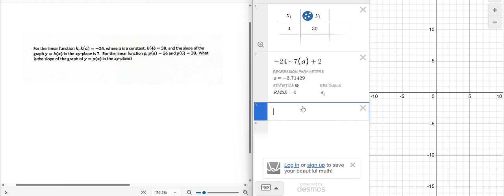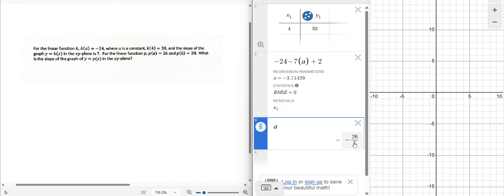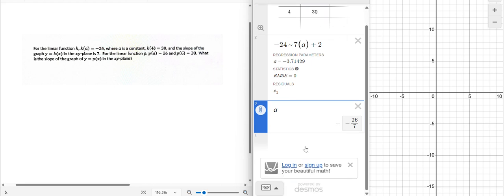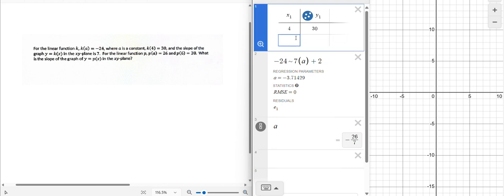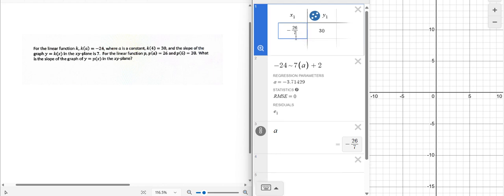And as you can see, we got the value of a, which is minus 26 by 7. So what we'll do here is write directly minus 26 by 7 comma 26.